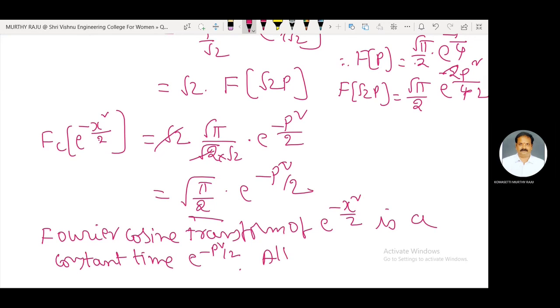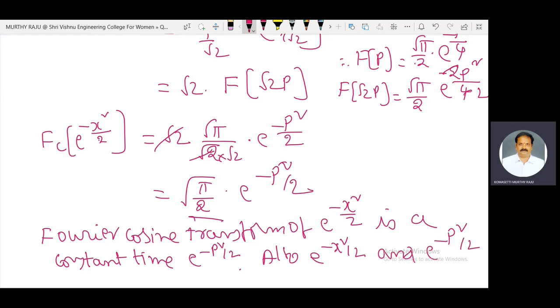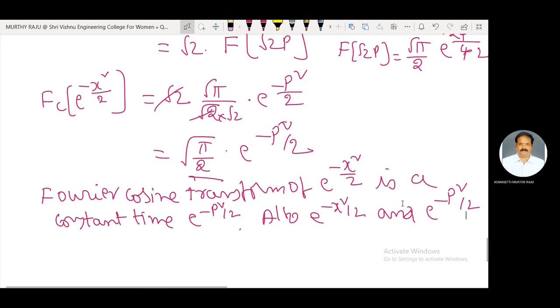Also, e power minus x square by 2 and e power minus p square by 2 are the same.